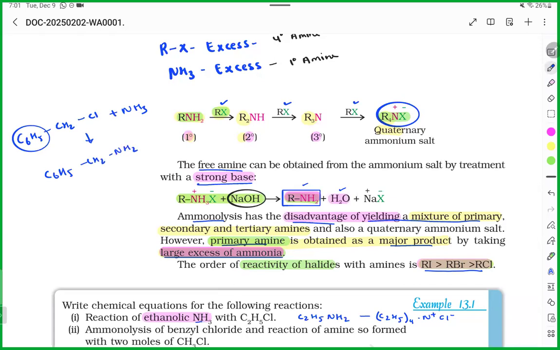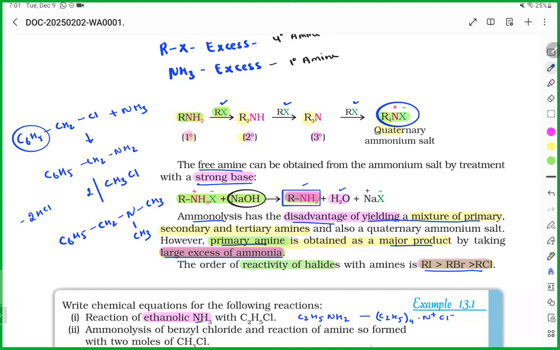Correct. When it reacts with 2 moles of CH3Cl, what will happen? 2 HCl will be removed, correct? And if 2 HCl is removed, which hydrogen is removed? From the nitrogen. So one CH3 added here, one CH3 added. Yes or no, guys?